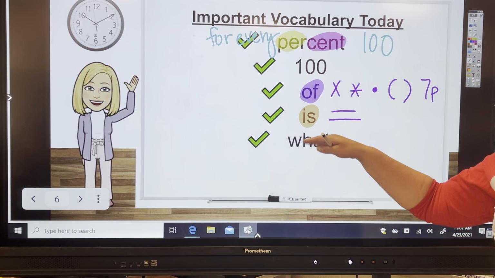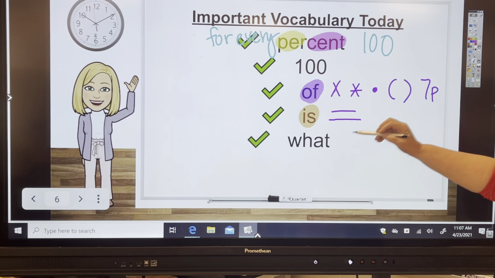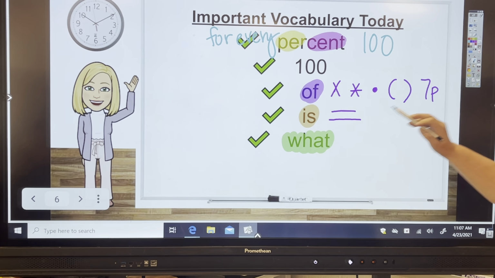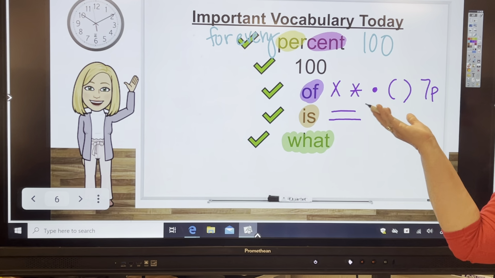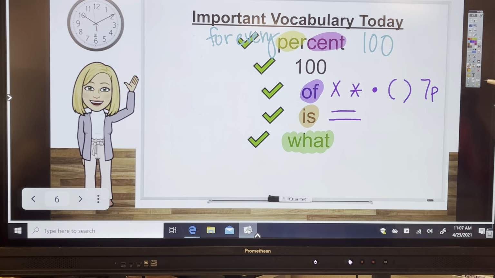Have is the plural of is. Doesn't matter. Any form of is means equal. And what does what mean? We don't know what means, okay?